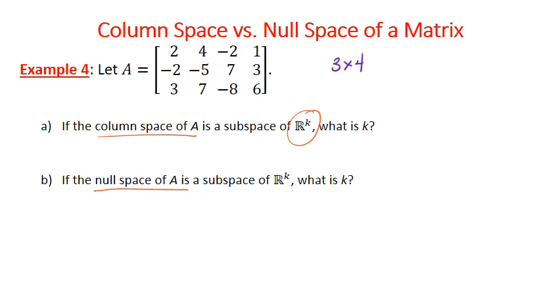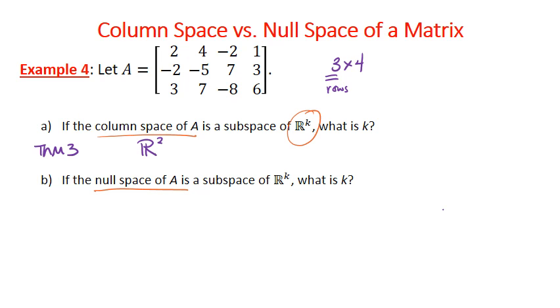So the column space deals with theorem 3, and we talked about this before. We want to find how many rows there are, and that will help us determine our subspace.